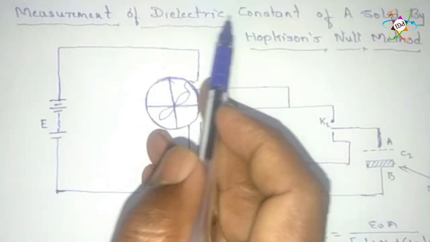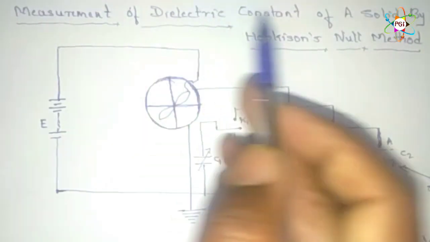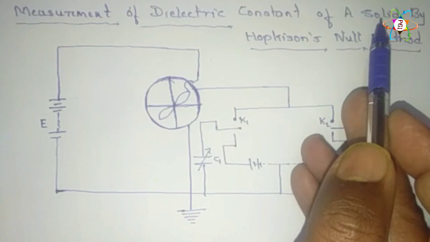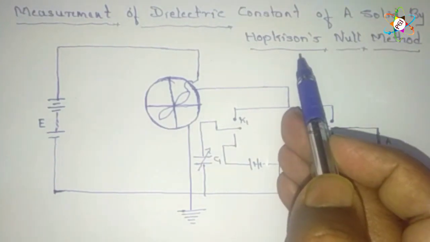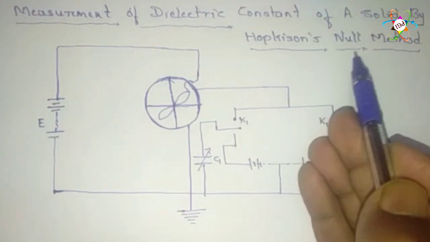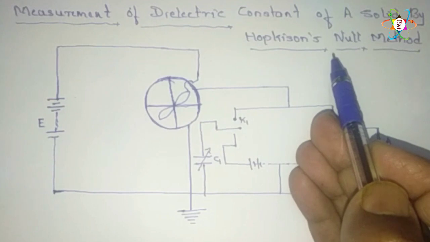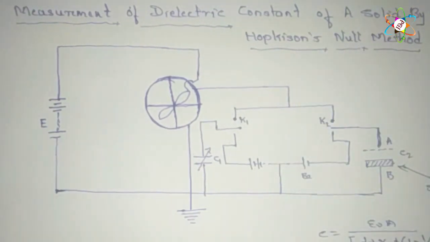Now we study how the dielectric constant of a solid is measured by Hopkinson's null method. It is a very important method to measure the dielectric constant of a solid body.